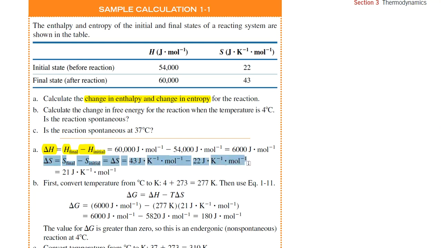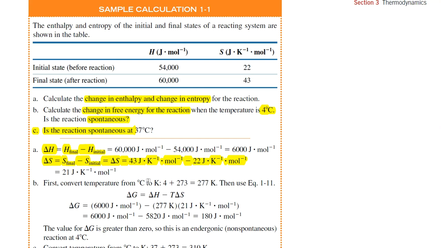The next question is to calculate the change in free energy for the reaction when the temperature is 4 degrees centigrade, and whether the reaction is spontaneous or not. They are asking again, is the reaction spontaneous at 37 degrees centigrade or not? So first of all, part B, calculate the change in free energy.